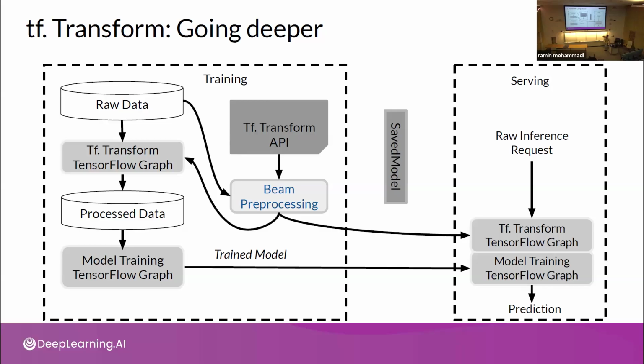And then when you work with, for example, TensorFlow training, the result of that is also two things, a model and basically a graph. Now, when you want to serve this, so this pipeline that you have, when you want to use it for serving, when the raw data comes, the only thing you need is that TF Transform graph.